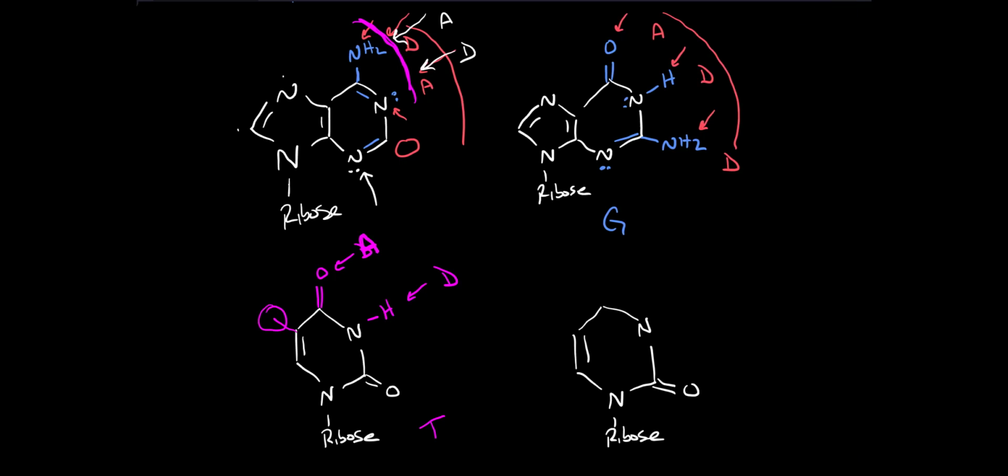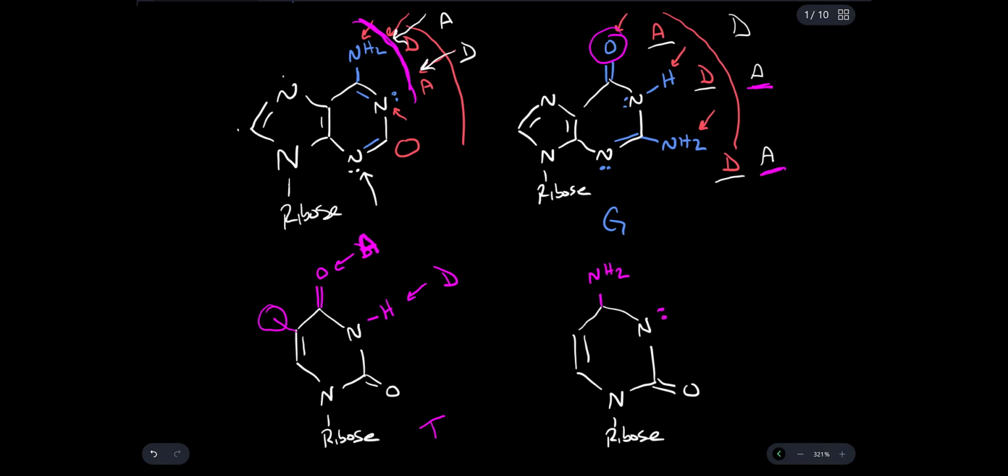For guanine, we have acceptor, donor, donor. So for cytosine, we need donor, acceptor, acceptor. So if we think about a donor, this must be NH2 at this position. That will hydrogen bond with the acceptor, carbonyl on guanine. We need an acceptor at the middle position, so this must be a lone pair.